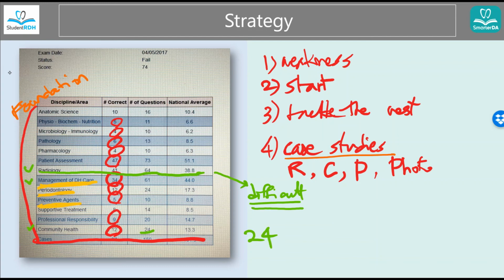If you look at anatomy, microbiology, they range from 10 to, I would say, 14, 16, while community has 24. So there are a lot more questions than you might think in actually session 1. Okay, so for me, the big three are radiology, process of care that we have at StudentRDH, and community health, also called community oral health in StudentRDH.